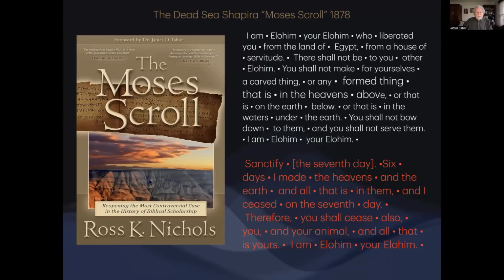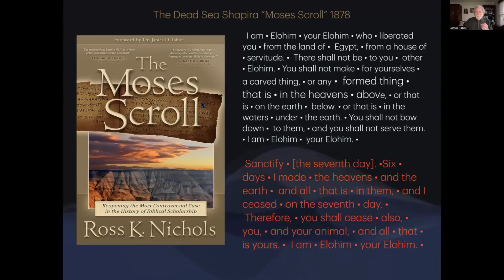Ross K. Nichols has written this book here, The Moses Scroll: Reopening the Most Controversial Case in the History of Biblical Scholarship. And once the Dead Sea Scrolls were discovered in the 1940s and 50s, people remembered this Shapira scroll, as it's called, the Moses scroll, and they began to wonder, well, wait a minute.